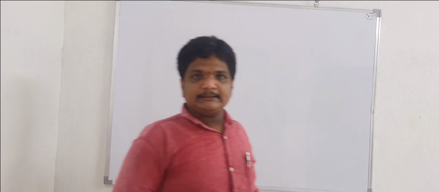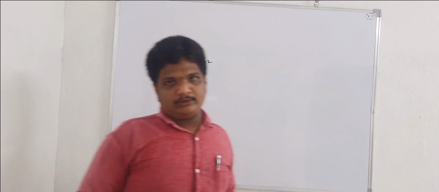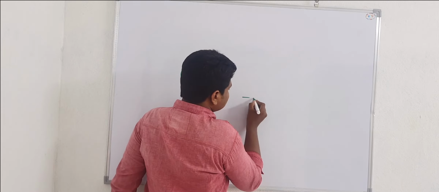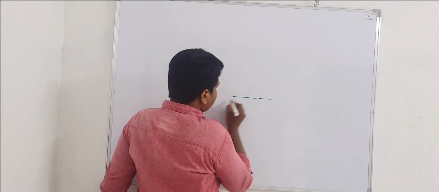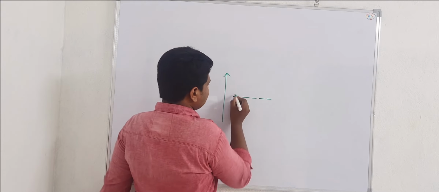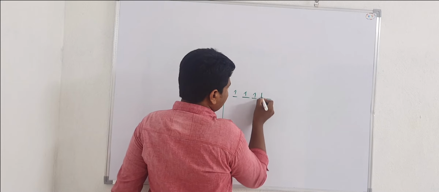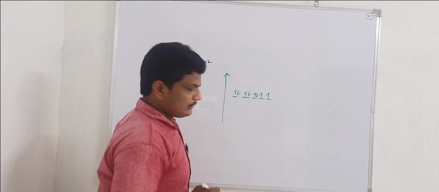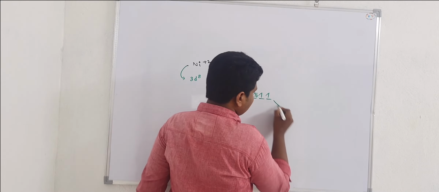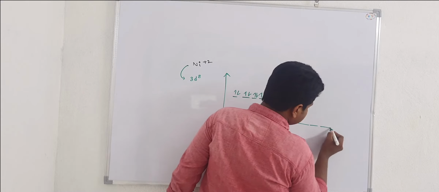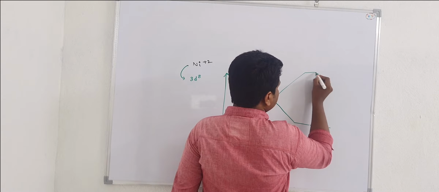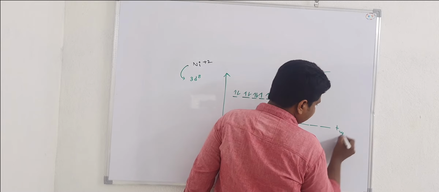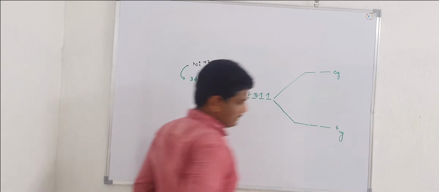In octahedral geometry, the 5 d orbitals present in this Ni+2, which contain 8 electrons, will be split into Eg and T2g orbitals. These are the T2g orbitals and these are the Eg orbitals.